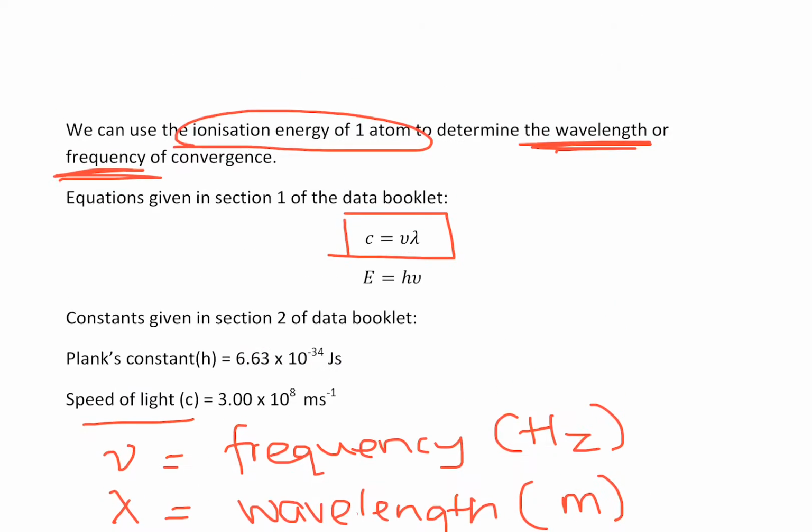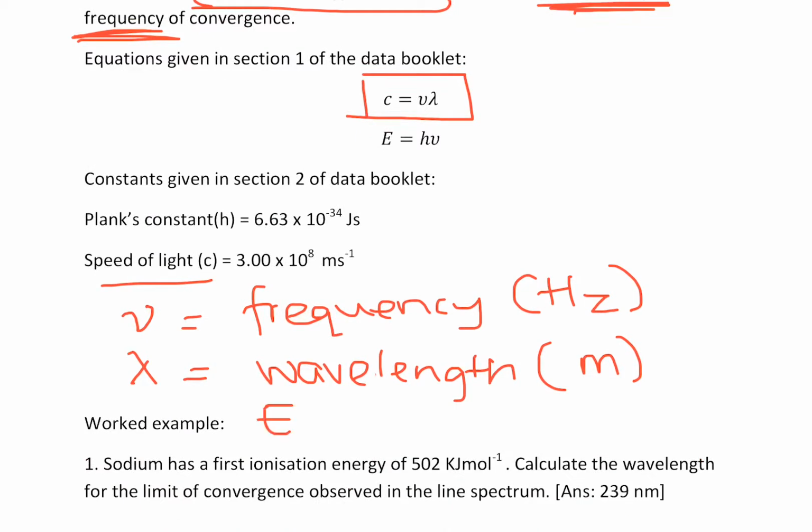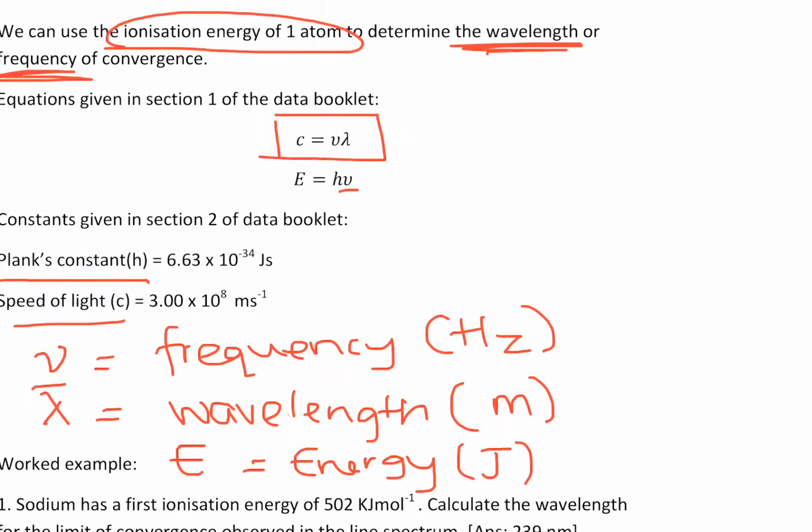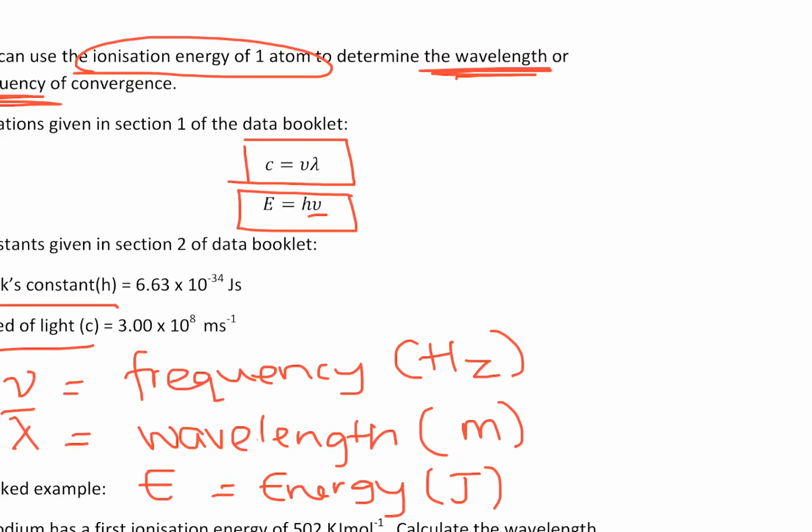And E equals hv, where E is energy in joules, h is Planck's constant, and v again is the frequency. These are the two equations available from the data booklet that we're going to use in our calculations.